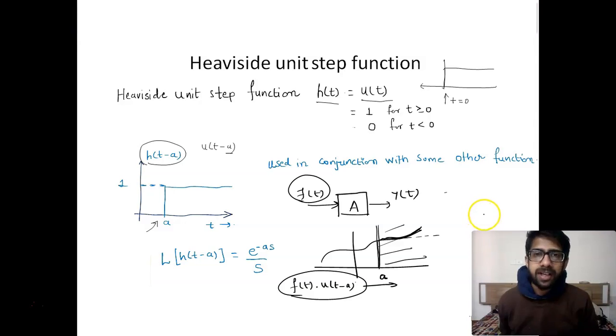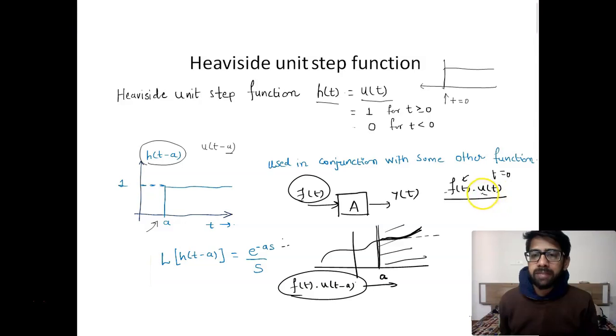And how is it decided? You just switch on the button, or you just switch on the input when you want to give it at a particular time frame. Most of the time you will find functions in conjunction with u of t. This only means that you're taking the value of f of t from t equal to 0, because u of t gives you the value 1 only after t equal to 0.